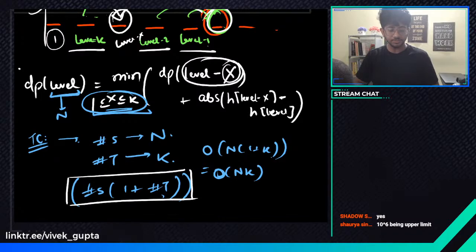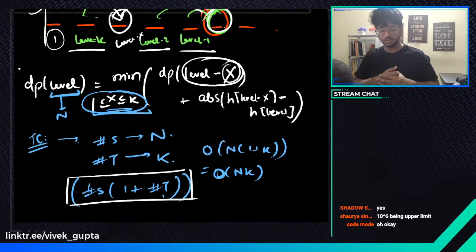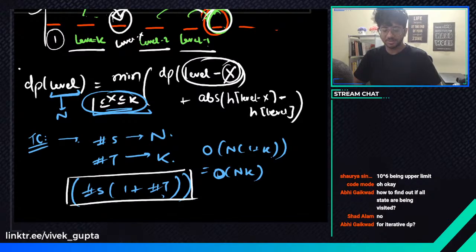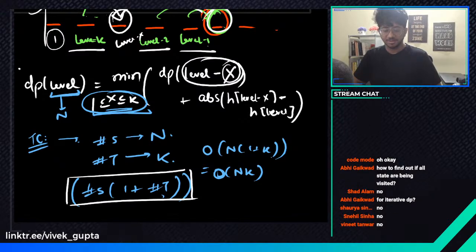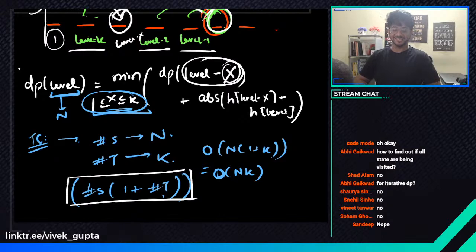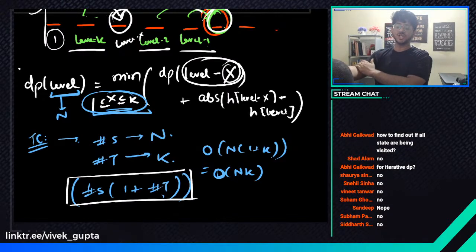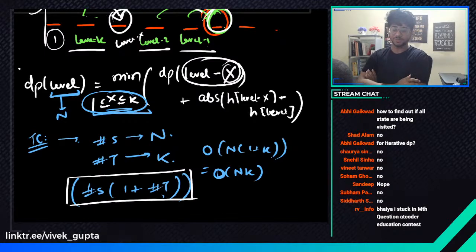Sounds good to everyone? Do we need to code this problem? Yes or no? Okay, nope. I can see most of the people will say no, because we have coded much harder problems than this.